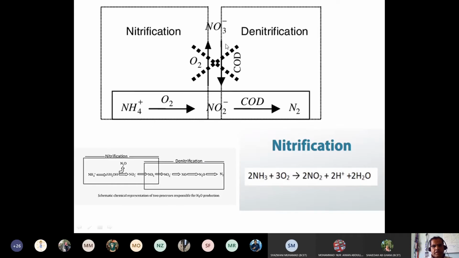Here also nitrification, denitrification, how to differentiate between both? Nitrification here needs oxygen. Here COD needs oxygen in the component itself. This is nitrification, this is denitrification. Here there is some more equation about nitrification, denitrification.